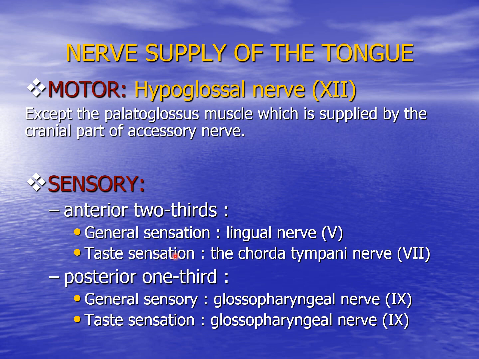Chorda tympani is a branch from the facial nerve, cranial number 7. For the posterior 1/3 of the tongue, the general sensation and the taste sensation are carried by the glossopharyngeal nerve, which is cranial number 9.